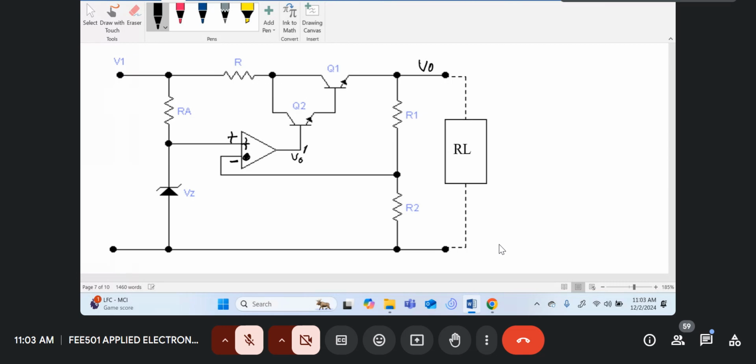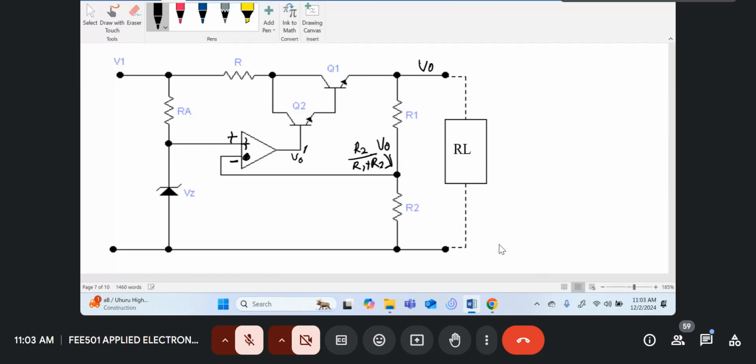So the voltage that is sampled back over here, the middle of R1 and R2, will be R2 over R1 plus R2 into V0. That is the voltage here.